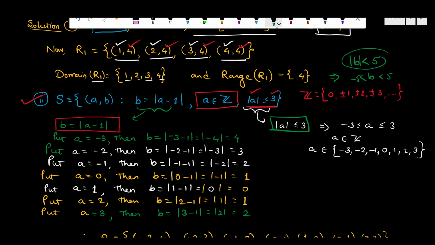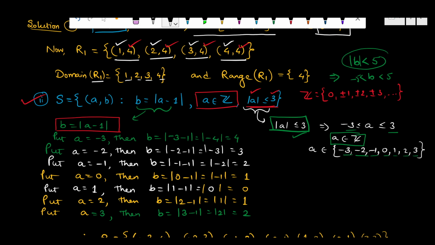This is the case over here also. Mod a less than or equal to 3 means a lies from -3 to 3, right? And a belongs to the set of integers, so a will be from -3 to 3 and all those integers between -3 and 3. So -2, -1, 0, 1, 2, right?